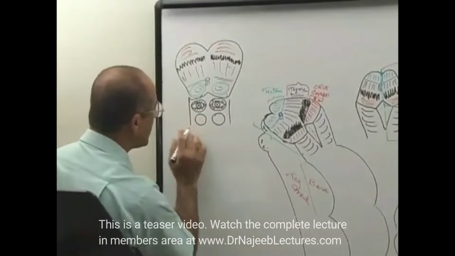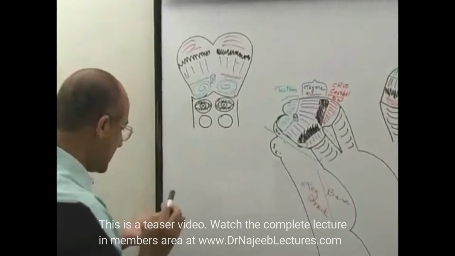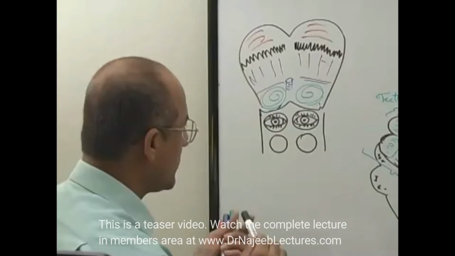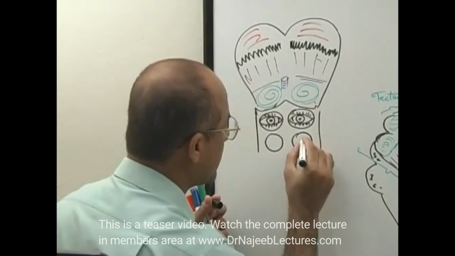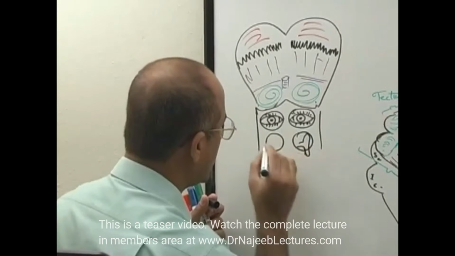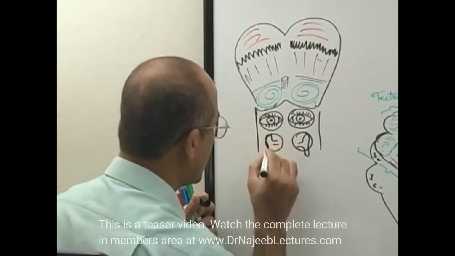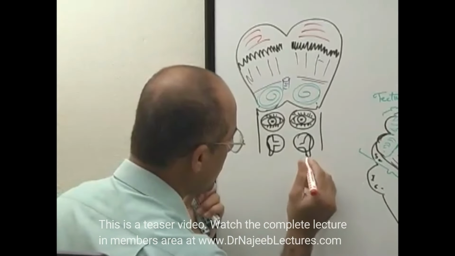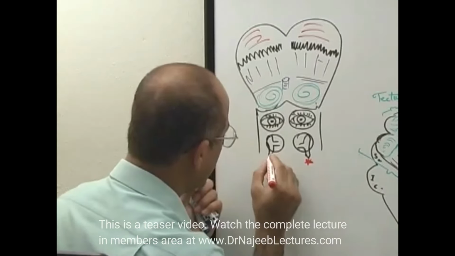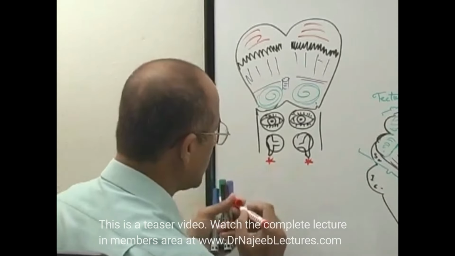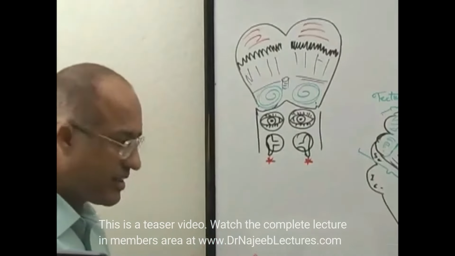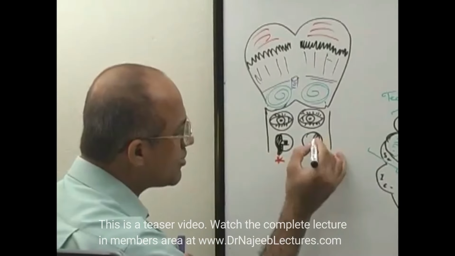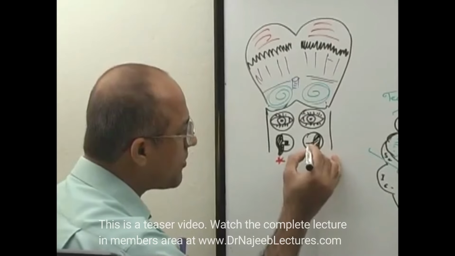These are inferior colliculi. And inferior colliculi, they are concerned with ears. So by this diagram, you must be able to remember that inferior colliculi are concerned with which reflexes?